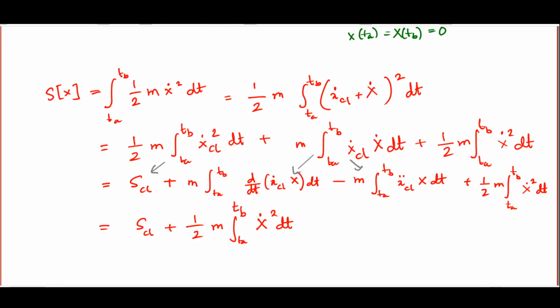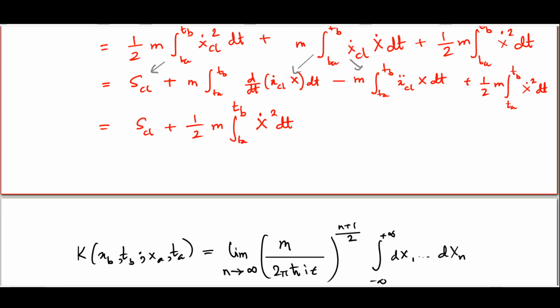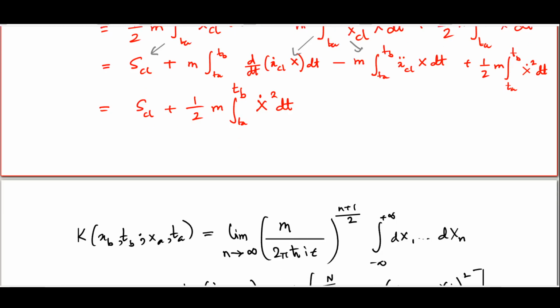Let us now return to our original expression for the path integral. Now, in order to calculate the propagator, we had to integrate over small x1, small x2 up to small xn, where these were the values of the position that the particle had along a particular path at equally spaced time intervals. Now, since the x classical 1, x classical 2, x classical 3, etc. are fixed quantities for each one of the time intervals individually.